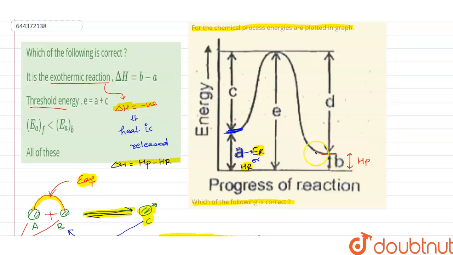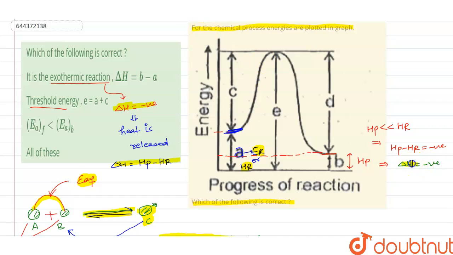From the diagram we can easily say that the energy of the product is less than the energy of the reactant, that is, HP is less than HR. This implies that HP minus HR is negative, since HR is greater in magnitude. And we know that HP minus HR is equal to delta H. So delta H is negative.